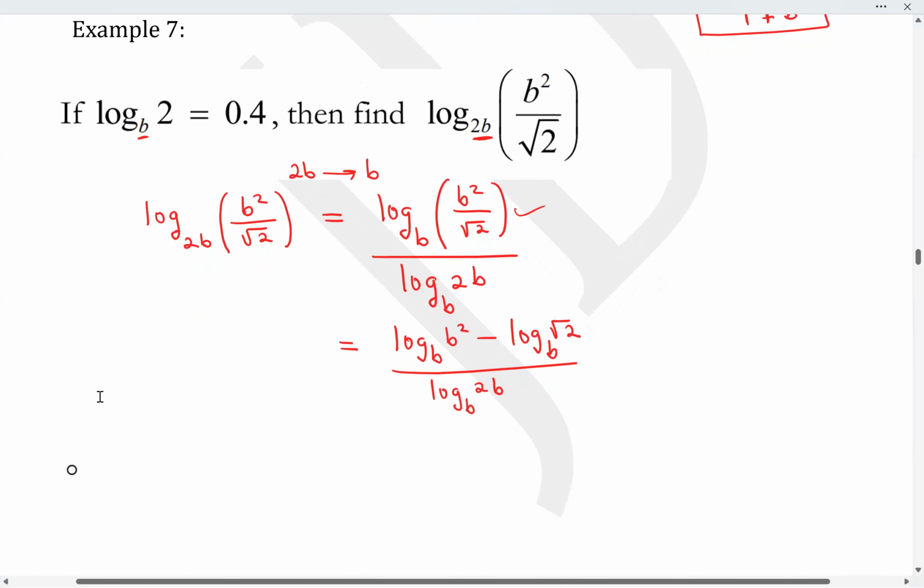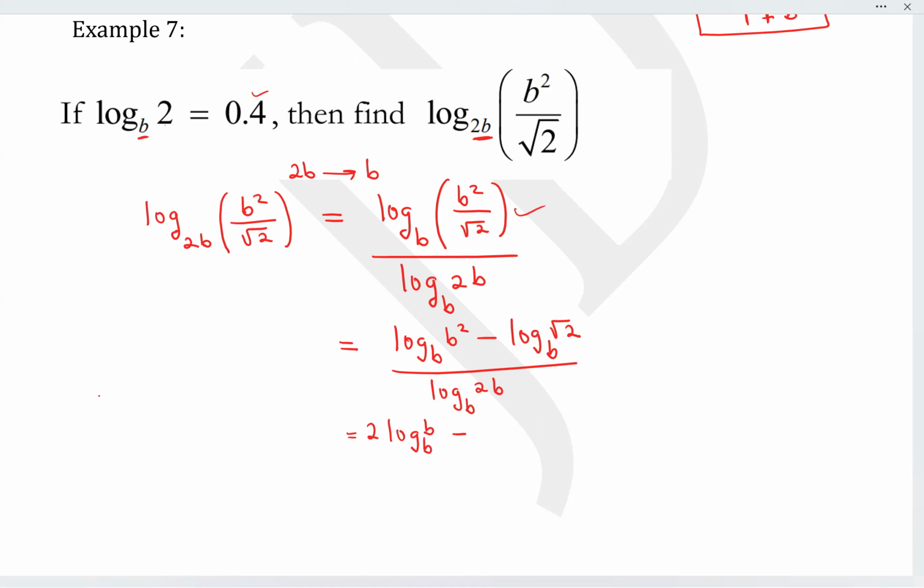Now, you always need to look at what you have. We have that log to base b of 2 is 0.4. So let's rearrange this. This we can write as 2 log to base b of b minus, because this is root 2, root 2 is 1 over 2, and that 1 over 2 can come down.